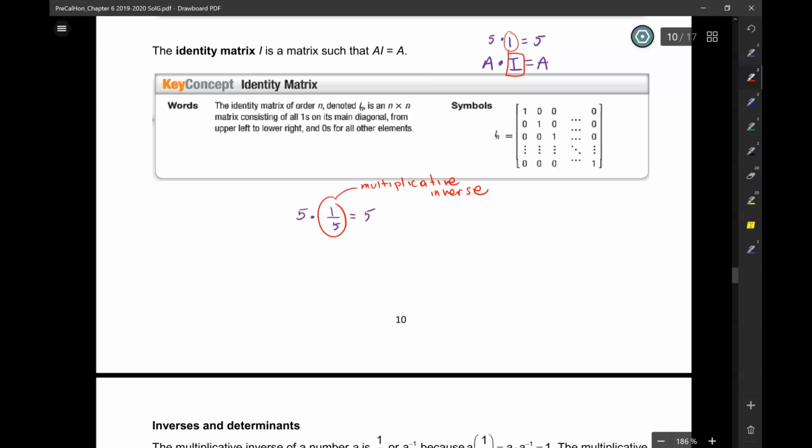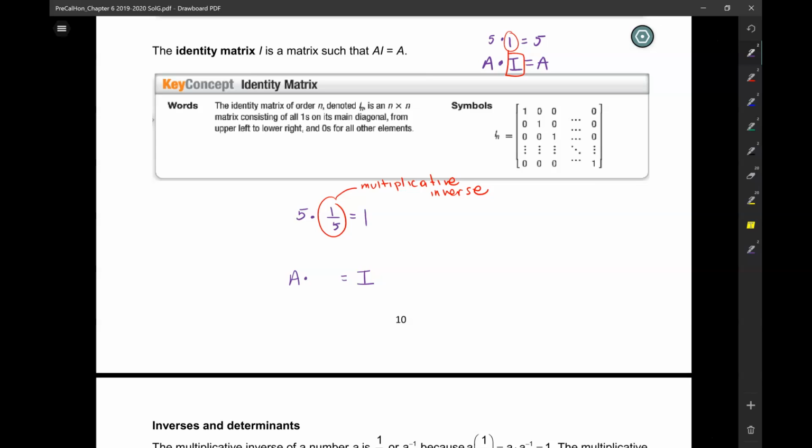of 5. Okay? So in the world of matrices, if I wanted to multiply a matrix by another matrix and get the identity matrix back, that's like multiplying by something to get a 1.